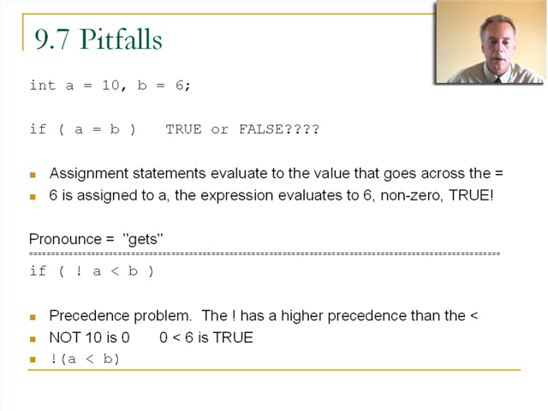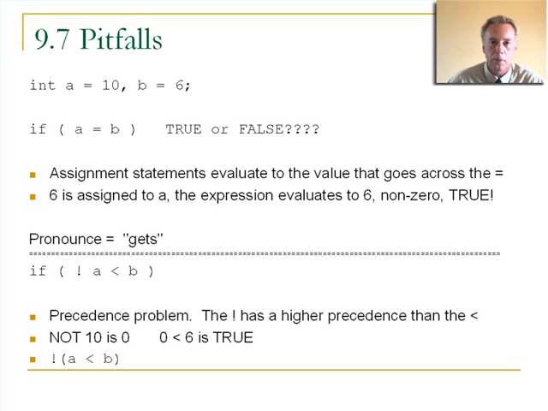Well, what does the assignment statement evaluate to? In this case, we had A and B. A has 10 and B has 6. In an assignment statement, the 6 will go into the variable A. The assignment operator in C evaluates to the value that goes across the assignment.